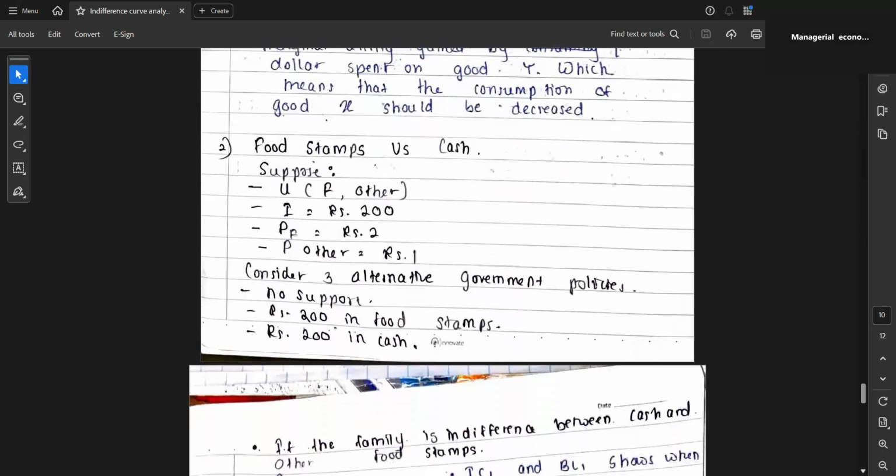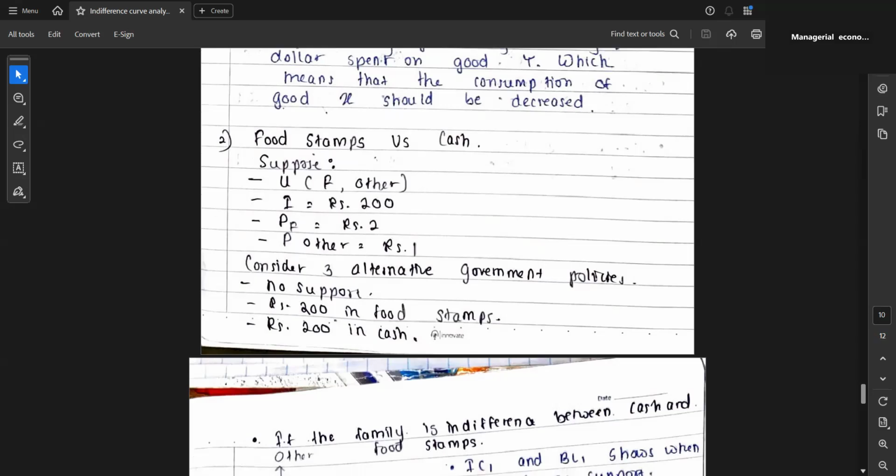Then the second question, food stamps versus cash. Here the two goods are the other products that you can buy with cash, and the food stamps. So there are three government policies: no support, the government provides 200 worth of food stamps, and the government provides 200 worth of cash.